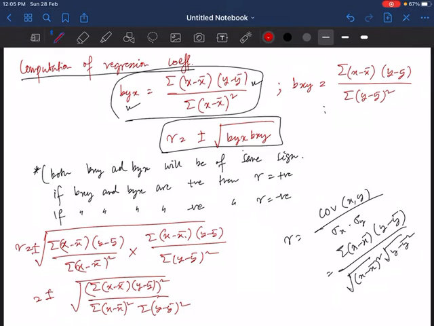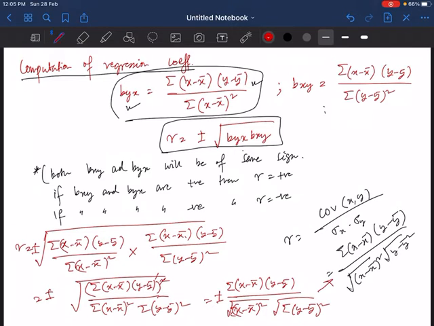Now the whole square and the square root of the top will cancel for the upper portion, so it becomes summation of (x minus x bar)(y minus y bar). But for the bottom the square root will remain, because this square is not the entire summation square, it is just (x minus x bar) whole square. So I get root over summation of (x minus x bar) whole square, root over summation of (y minus y bar) whole square. Isn't it the same as this one? It's the same formula.